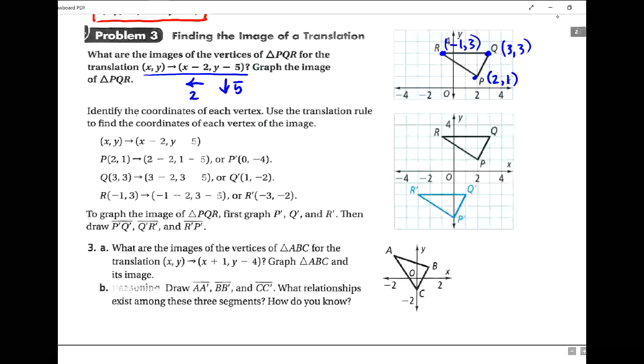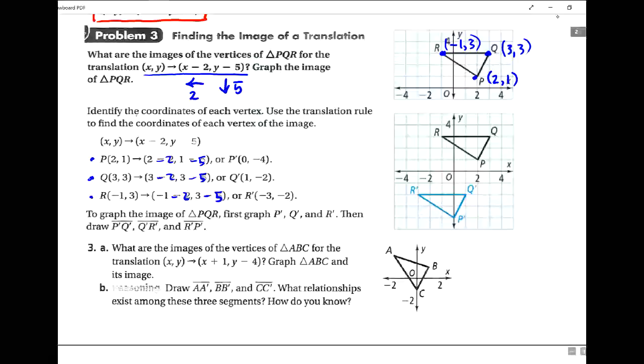So we know we have our xy values. We know that we want to subtract 2 from every x and subtract 5 from every y. So we use our P, Q, and R here, and we simply minus 2, minus 2, minus 2 on all of our x's, minus 5, minus 5, minus 5 on all of our y's, and we get our new image points P prime, Q prime, and R prime, and we can simply graph those.